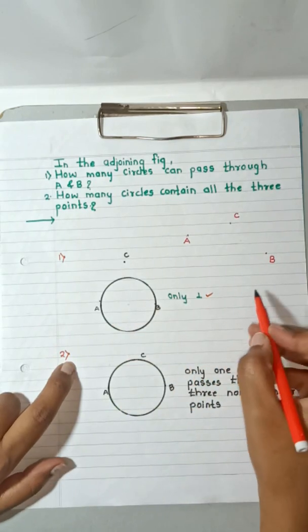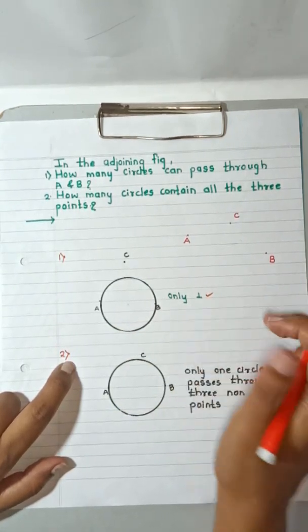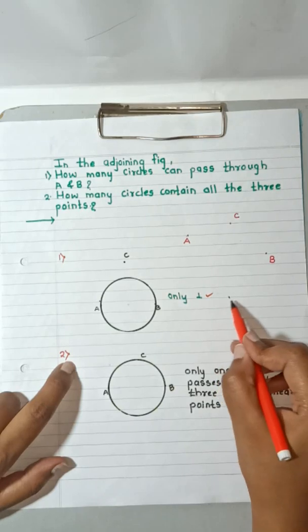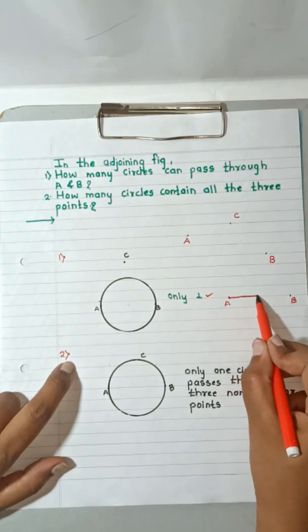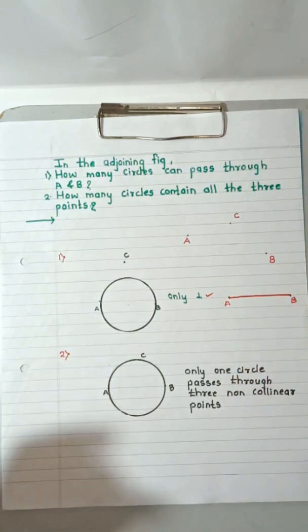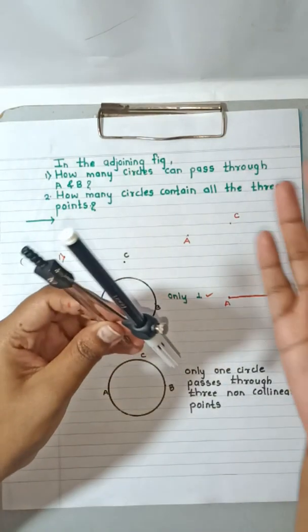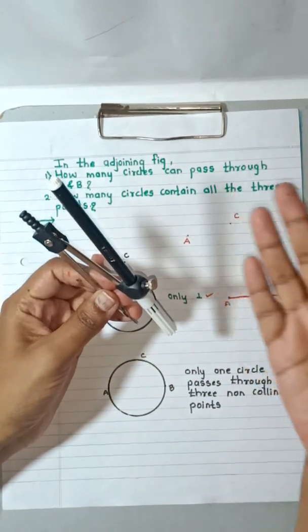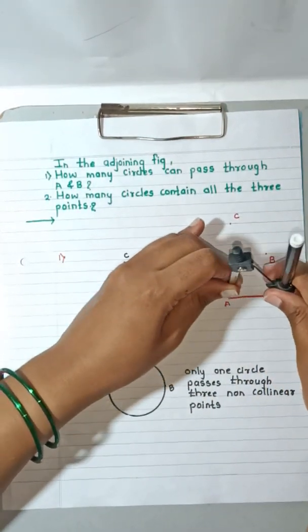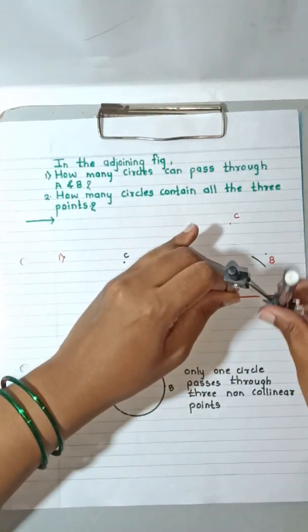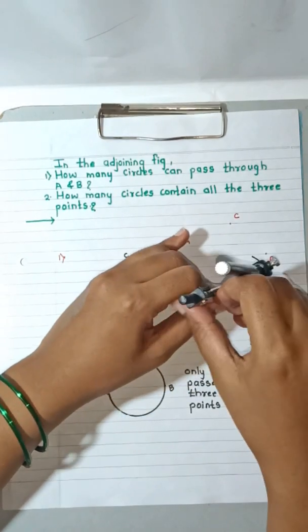Okay children, now suppose I'll explain in short to you over here. Suppose this is A and this is B. Now we'll draw a line passing through this. You have studied how to draw a perpendicular bisector to a line segment. So what we are going to do is, we are going to take more than half distance and mark it over here.